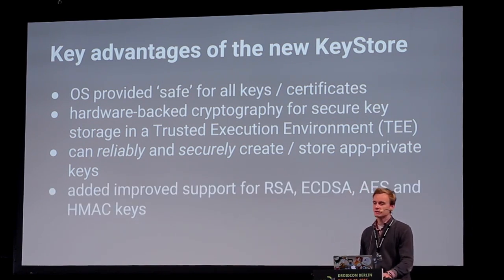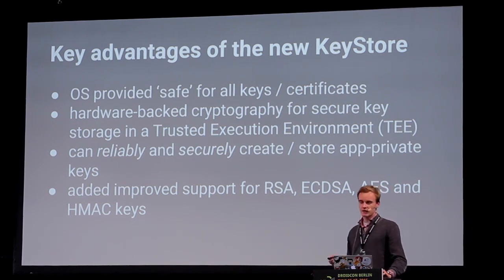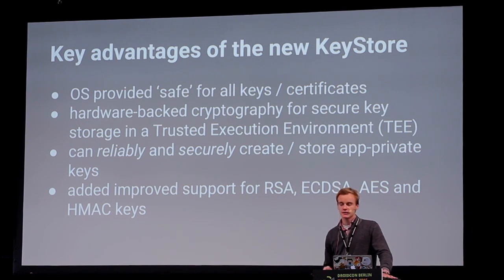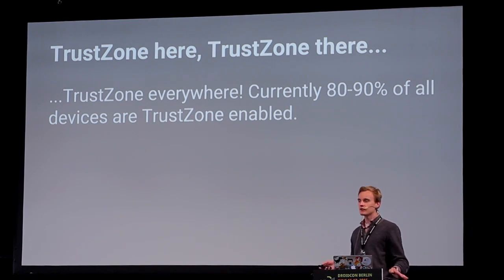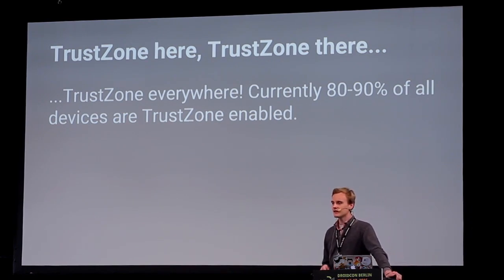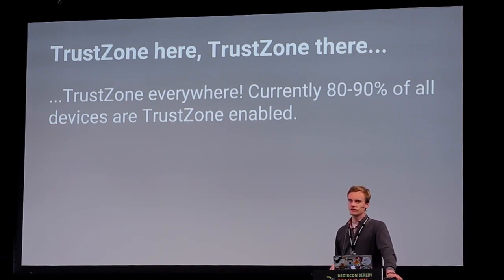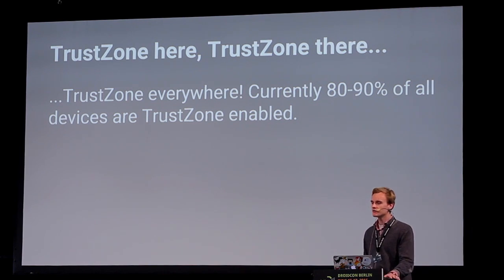And yeah, they added support for some different algorithms. You can look it up in the Android documentation: RSA, elliptic curves, AES, and HMAC keys. So yeah, TrustZone here, TrustZone there, and TrustZone everywhere. Currently 80 to 90% of all devices already have this trusted execution environment from Qualcomm.